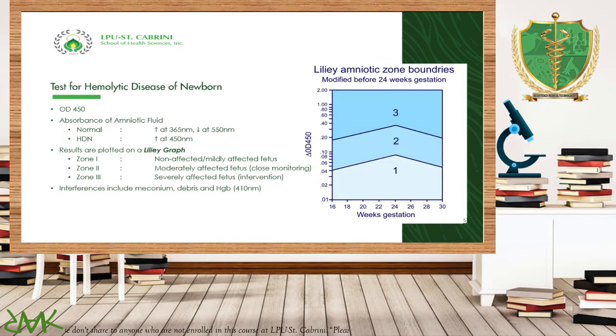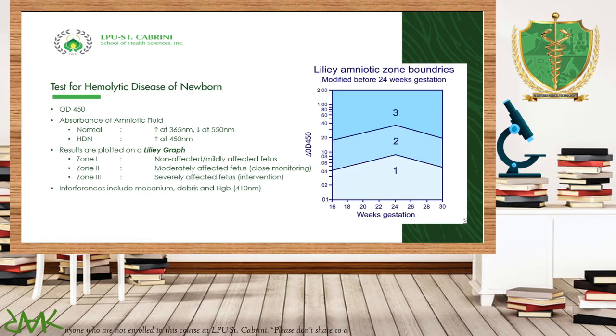Okay. Now, what are the tests for hemolytic disease of the newborn? The test for hemolytic disease of the newborn is an absorbance test of amniotic fluid. OD450 is the other name for the test, for the bilirubin, the absorbance of amniotic fluid.